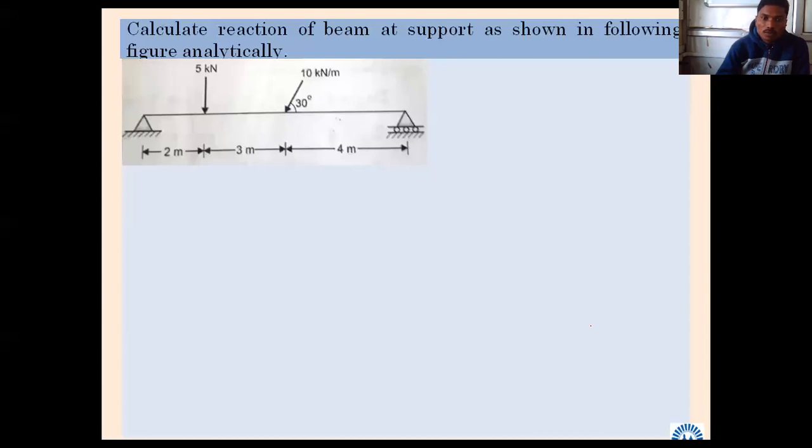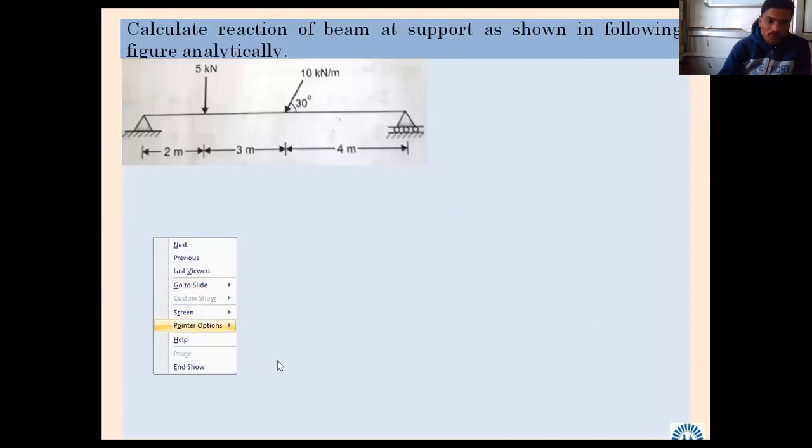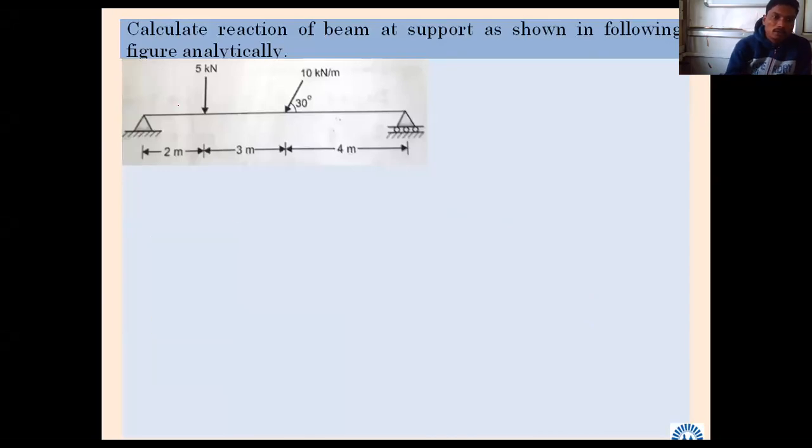Hinged. Means suppose at point A there is a roller. At point B there is a roller support. Means at point A there will be hinged support. And how many reactions are coming at the hinged support? Two reactions.